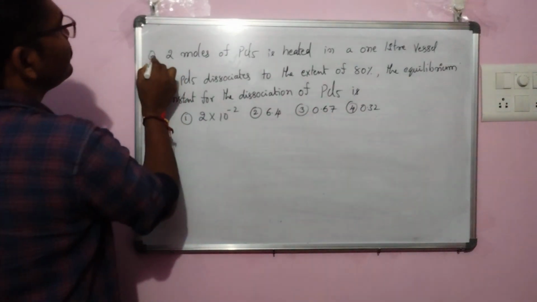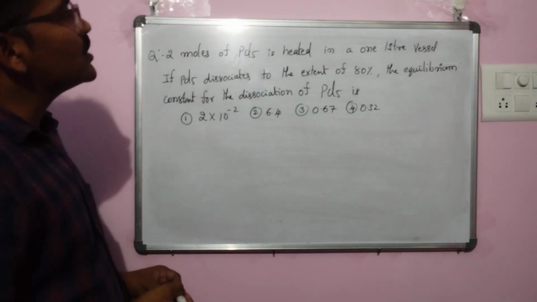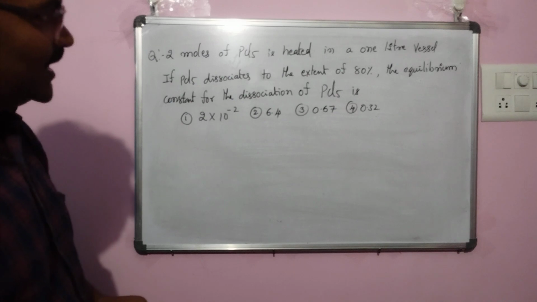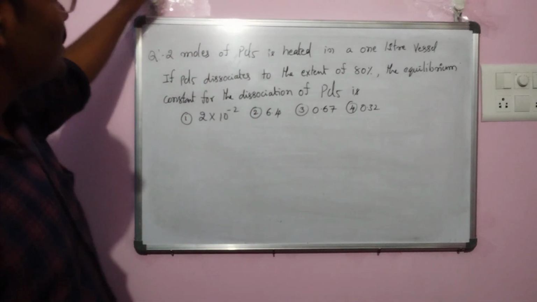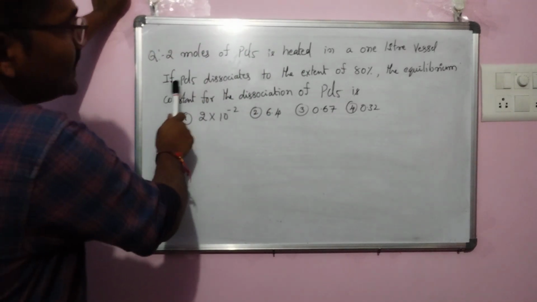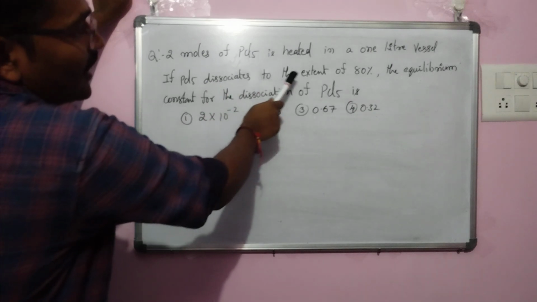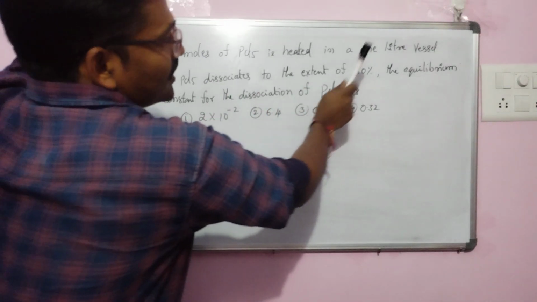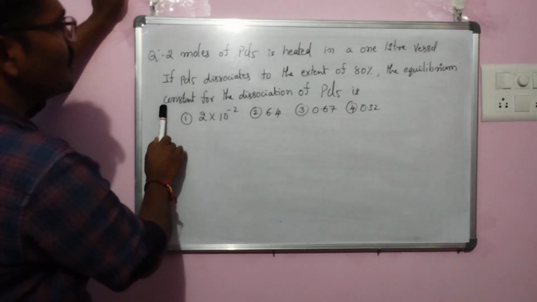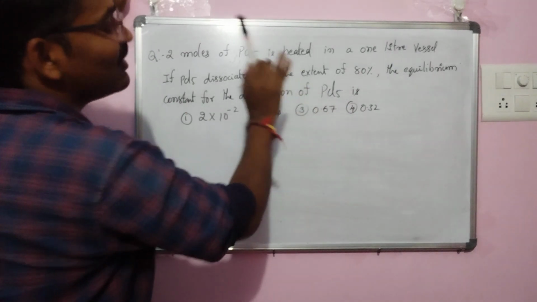2 moles of PCl5 is heated in a 1 liter vessel. If PCl5 dissociates to the extent of 80%, find the equilibrium constant for the dissociation of PCl5.